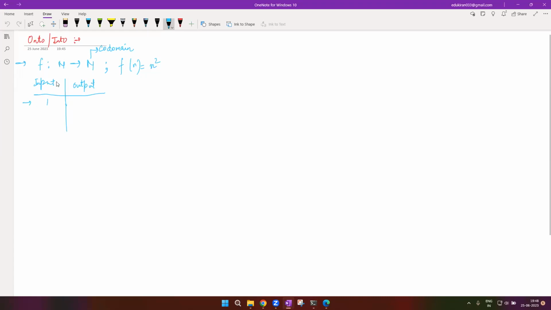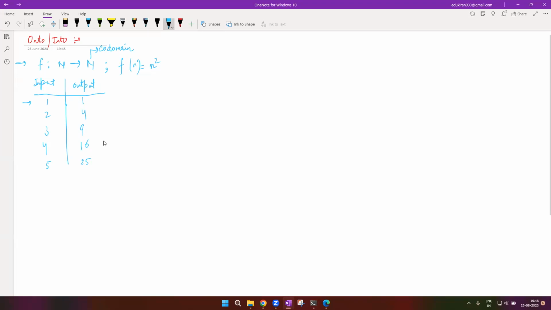If I give the first input 1, the output is 1. For 2, it is 4. For 3, it is 9. For 4, it is 16. For 5, it is 25.